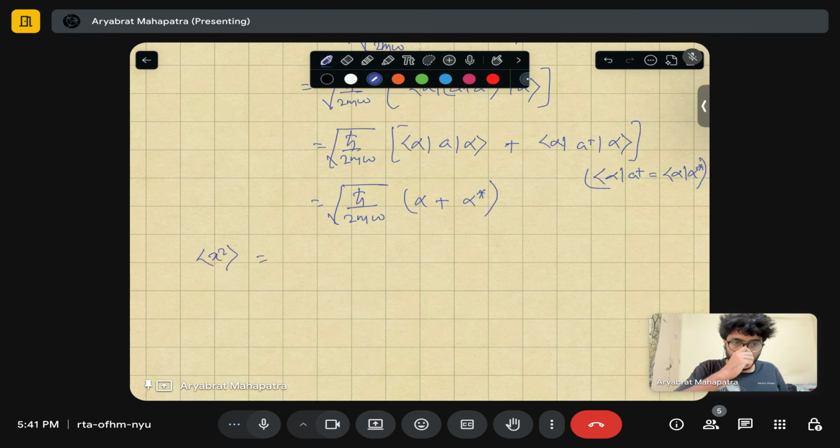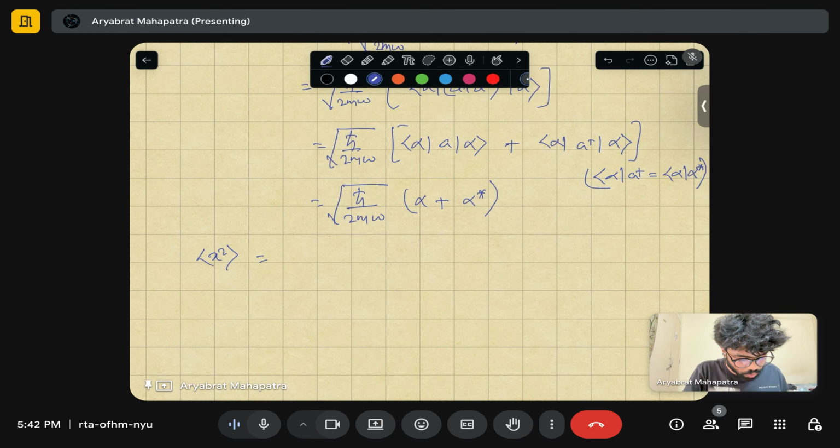Why I'm doing this: at the end there is another important meaning that we will see. Using these expectation values we can define an uncertainty, because for uncertainty you have to calculate the expectation values of x and x square, and then we calculate the standard deviation.